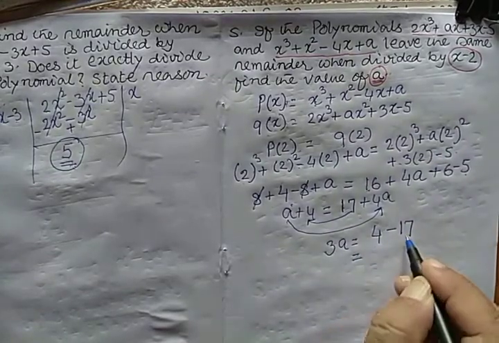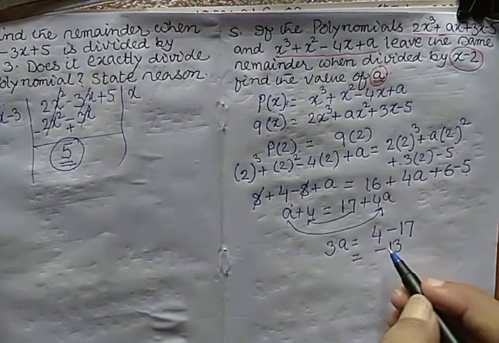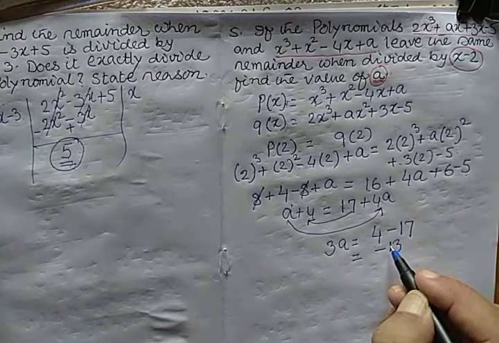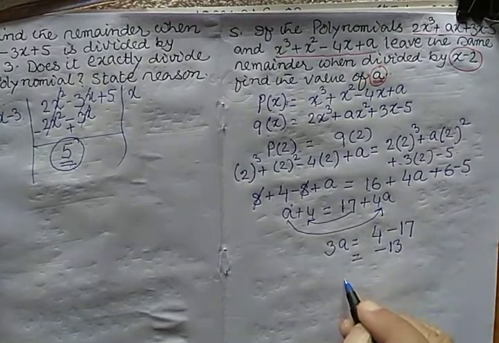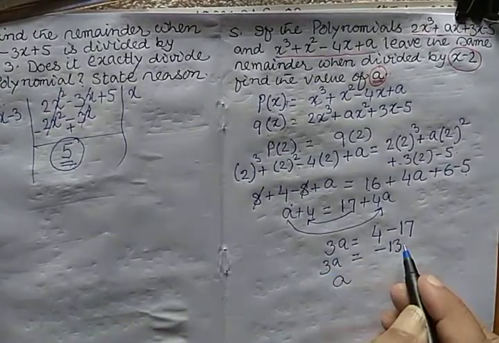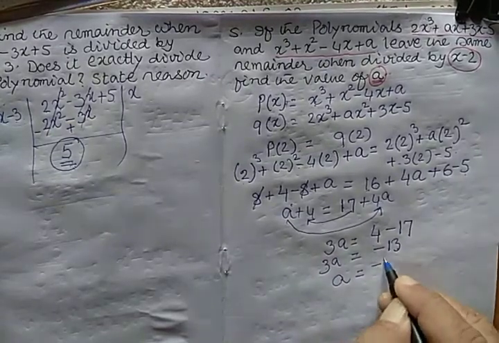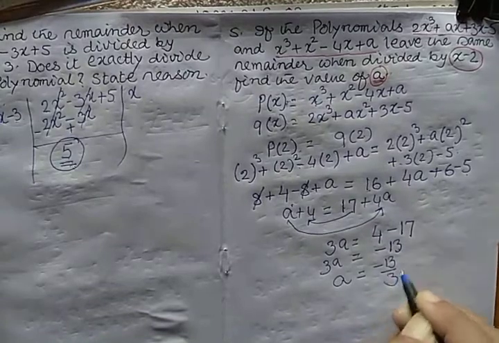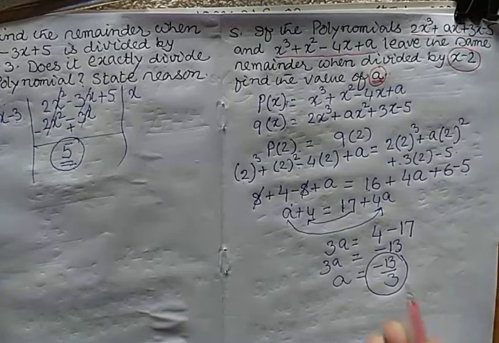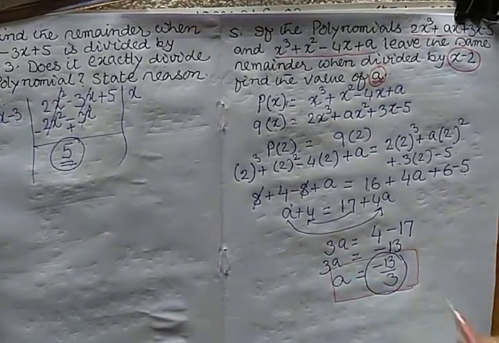Plus 4 minus 17, minus 13. So a is equal to, this side it is multiplying, when you take the other side it will become dividing, minus 13 by 3. So the value of a will be minus 13 by 3.